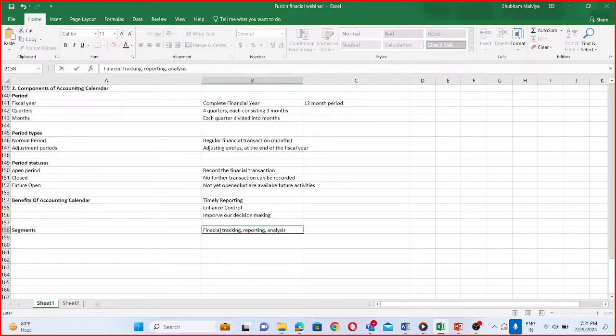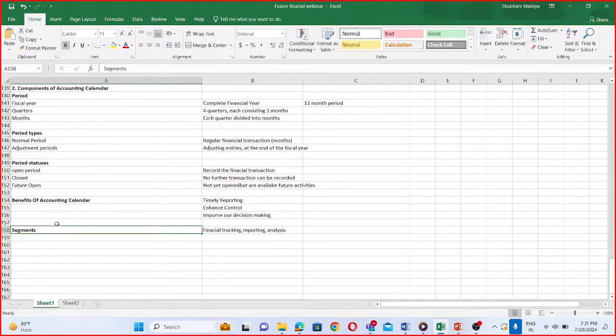Segments are the component of chart of accounts. When we talk about segments, it's a component of COA. Chart of accounts we have discussed. So now we are discussing the component of chart of accounts. One component is segment. Chart of accounts provides a way to categorize and organize financial data according to various business dimensions.